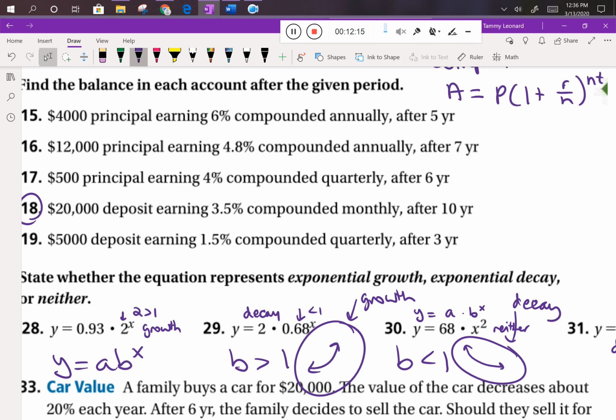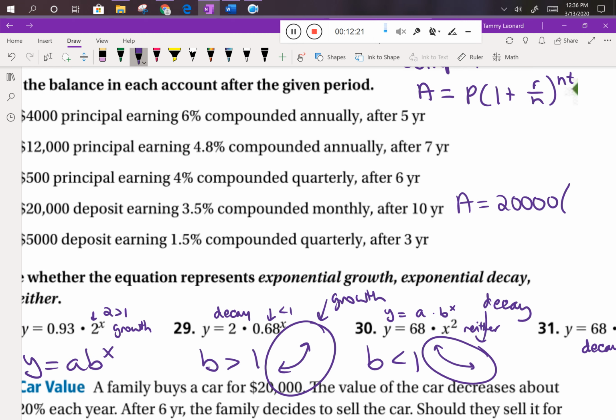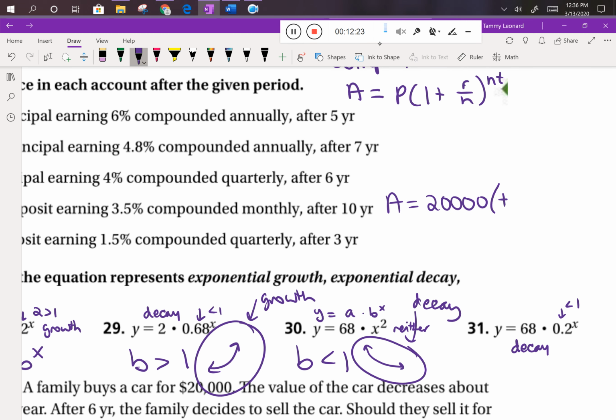P, right? That's the principal. So we're going to say A equals $20,000 times 1 plus. All right, what's the interest rate? 3.5%.